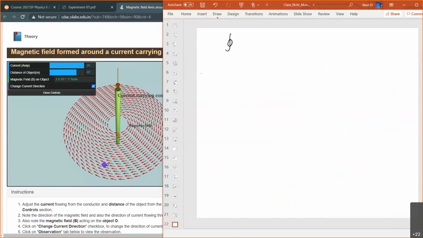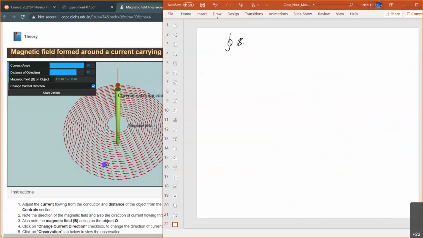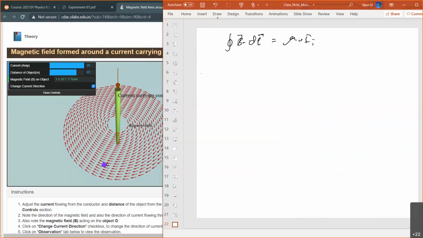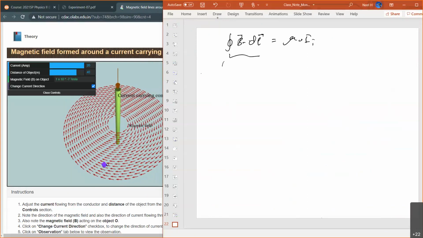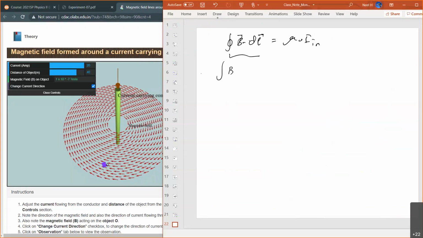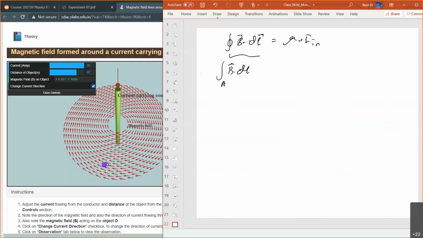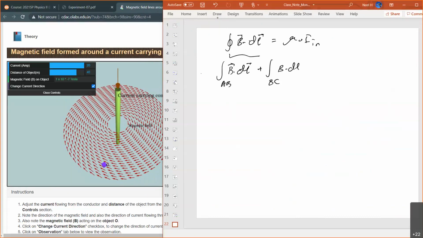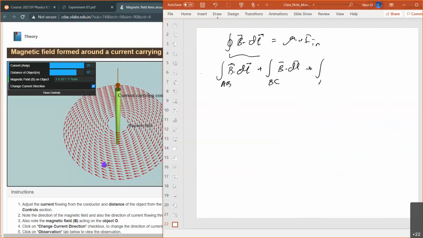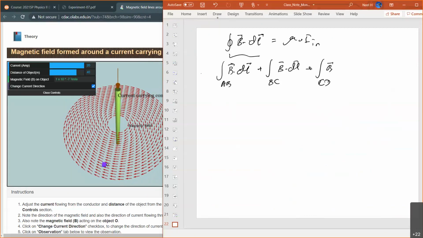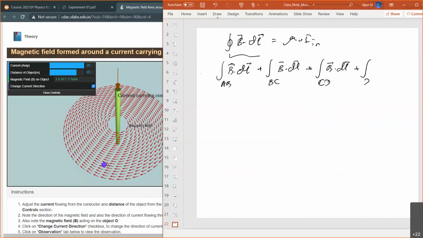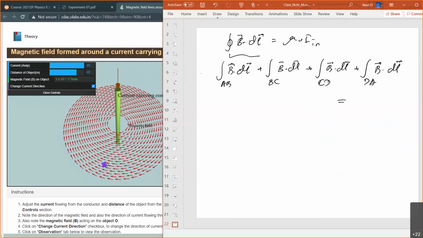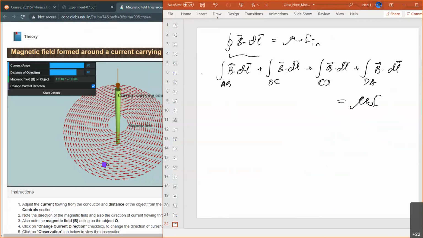We know that the integral of B dot dl is equal to mu 0 times I enclosed. And then this part we extended: integral B dot dl for A to B, plus integral B dot dl from B to C, plus integral C to D B dot dl, plus integral D to A B dot dl, which is equal to mu 0 times the I enclosed.